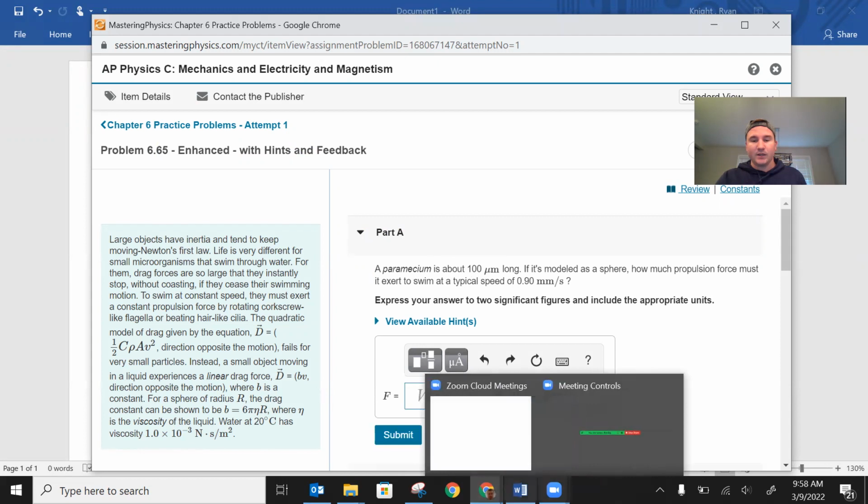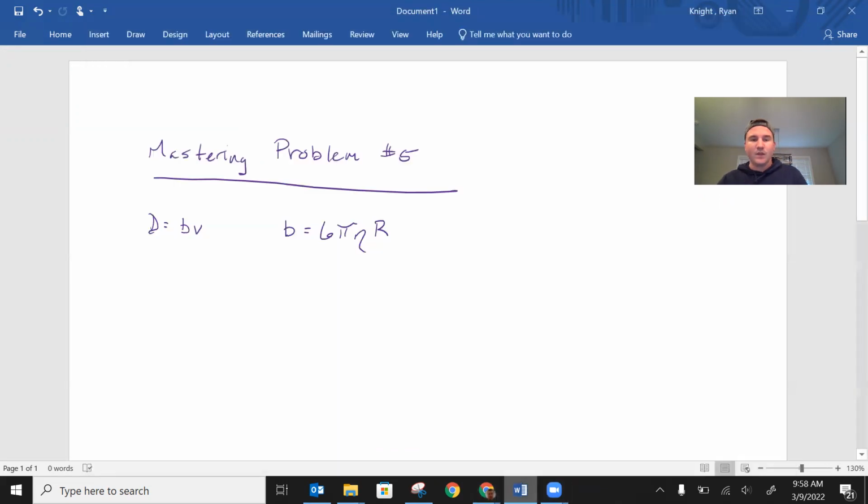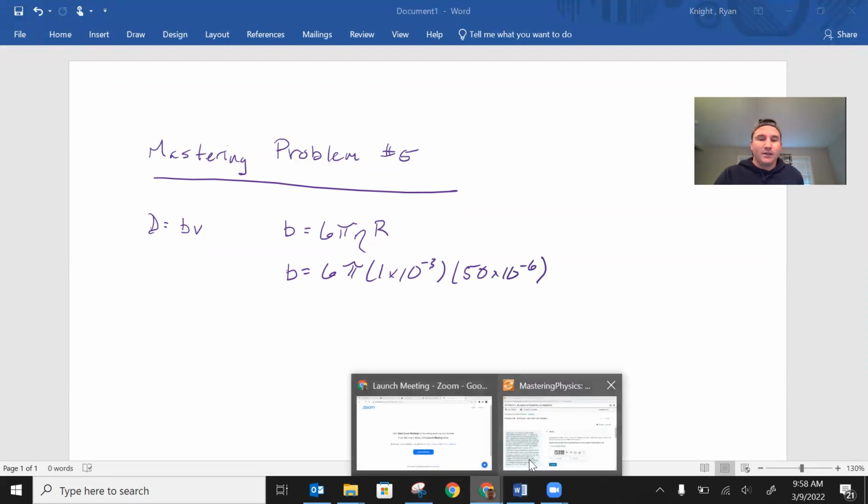So we'll come back here. B is going to be equal to 6 times pi times 1 times 10 to the negative third, times 50 times 10 to the negative sixth, because it's micrometers, we need to make that to the negative sixth.